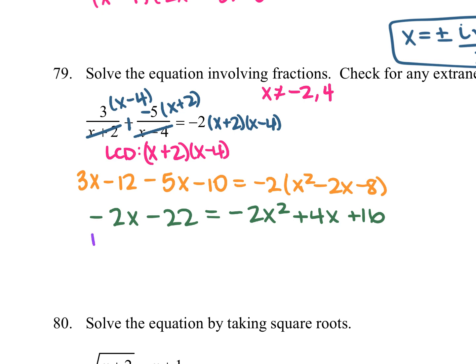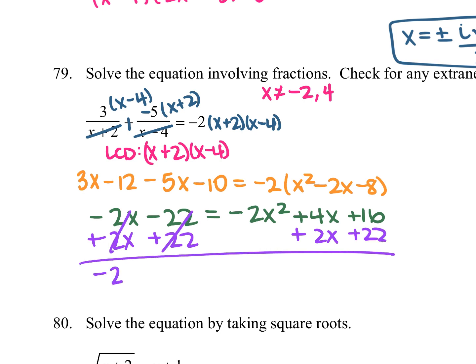From here, I'm going to move the 2x over by adding it to both sides. I'm also moving the 22 over by adding it to both sides. So we have negative 2x squared plus 6x plus 38 is equal to 0.